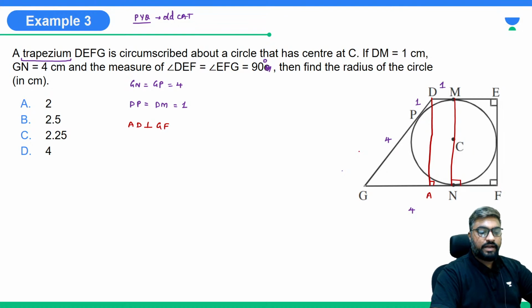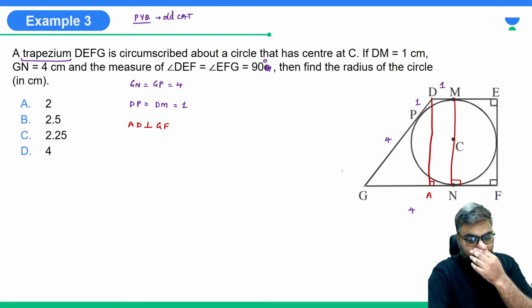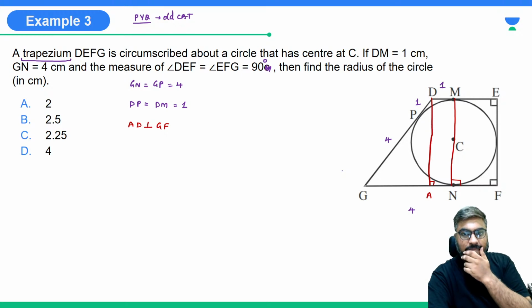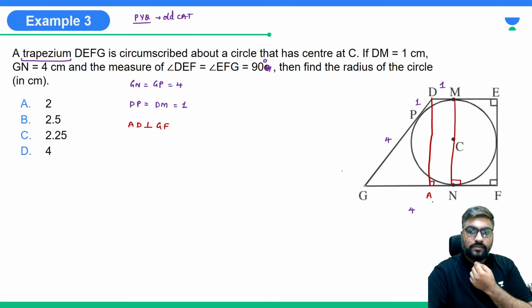For us to find out the length of GA, this is 1. Above is 1, so below will also be 1, right? Two parallel lines, opposite distances, so 1 and 1. So this length is 5, this length is 5.